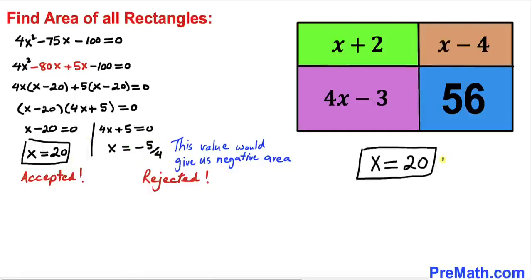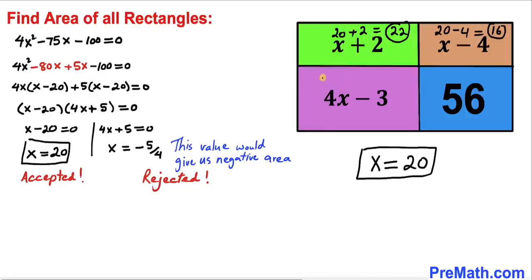So if x equals 20, the area of this green rectangle is going to be 20 plus 2, which gives us 22 square units, and the area for this brown is going to be 20 minus 4, which is 16 square units.